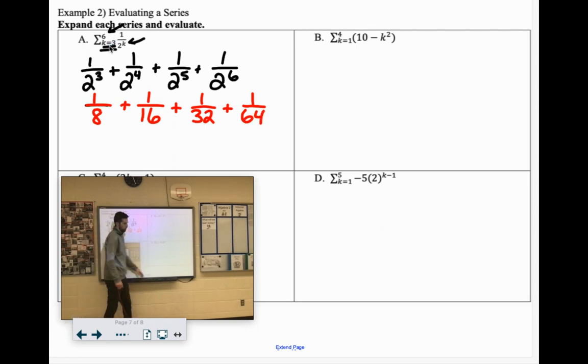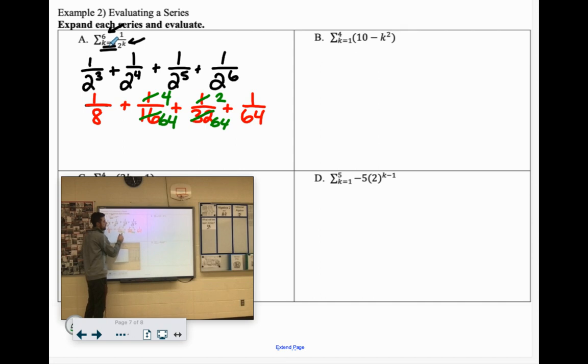Now you can put this in your calculator, but that's so lame. Let's use our brains a little bit. We'd have to have a common denominator. Now, 32 is 64 divided by 2, so we would just double the fraction. It'd be 2 over 64. Same thing here. 16 was half of 32, so we can just double this again. 2 times 2 would be 4, so 4 over 64 reduces to 1 over 16.